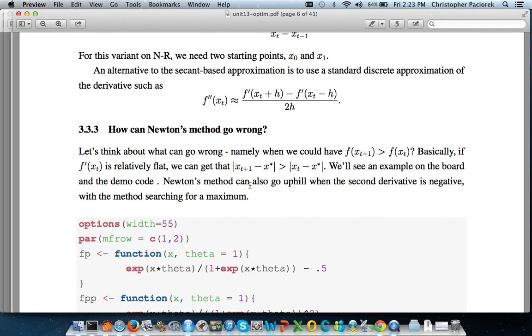So take a couple minutes, confer with your neighbors, and think about how I would draw f prime, and then the f that is the partner to f prime. How would I draw f primes and f's such that this wouldn't actually work, and it wouldn't converge to the minimum, and something else would go on? So try and think about that, and then we'll look at a couple of those situations, and then we'll think about what we can do to fix those problems in cases where things go wrong.